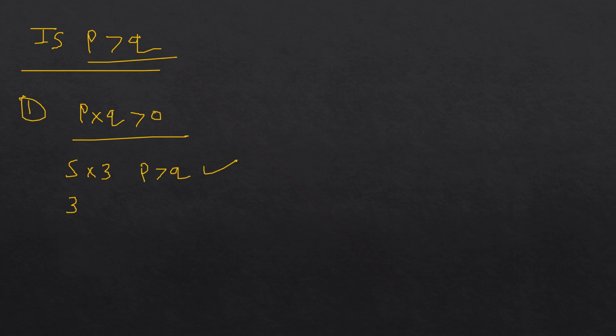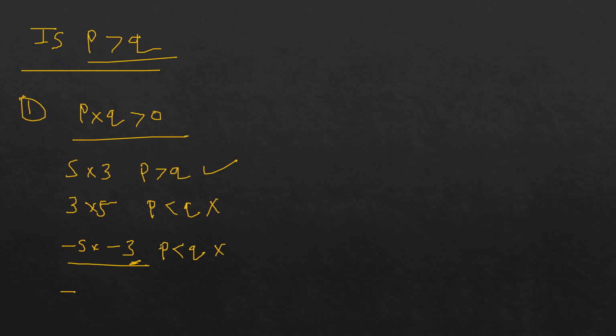If we reverse the order, here P is less than Q. This is not valid. Now again, suppose P is minus 5 and Q is minus 3. So now which one is greater? This is Q. Again, this is not valid.